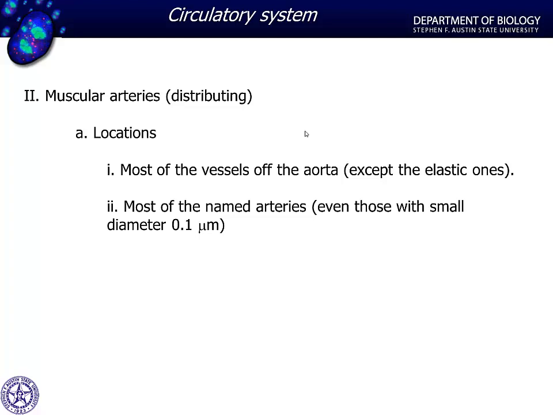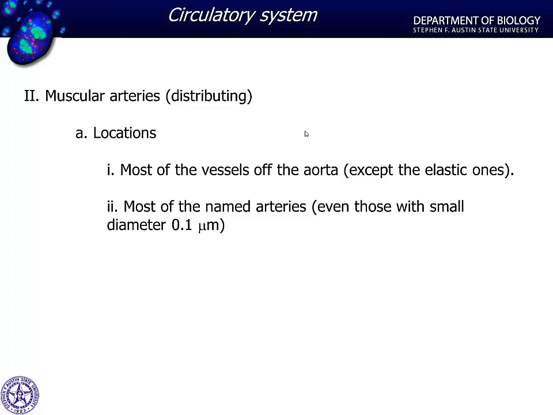Now, as we decrease in our luminal diameter, we're also going to drop off from so many layers of our muscle. These are still going to be fairly thick, but these muscular arteries aren't going to have as thick a media as we saw with the elastic arteries. So you're going to have to kind of keep that in mind.